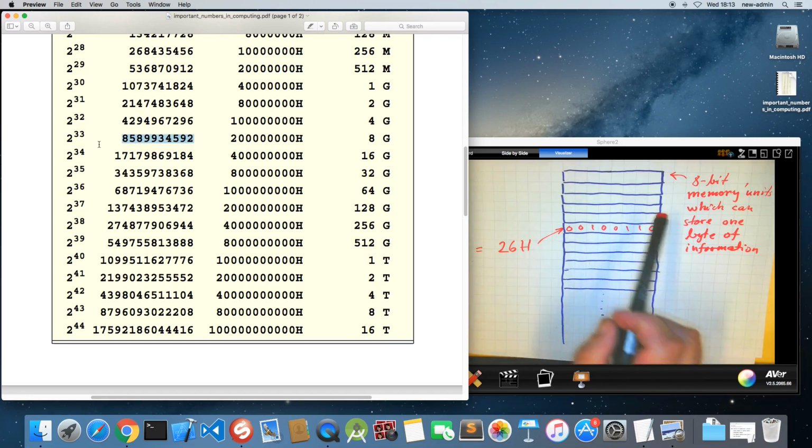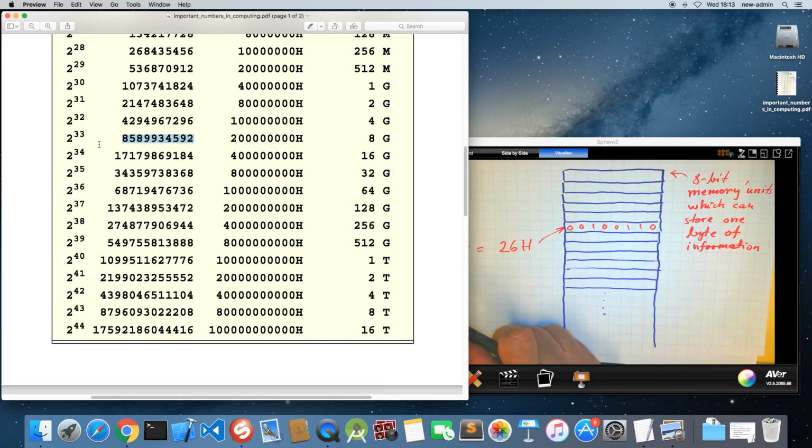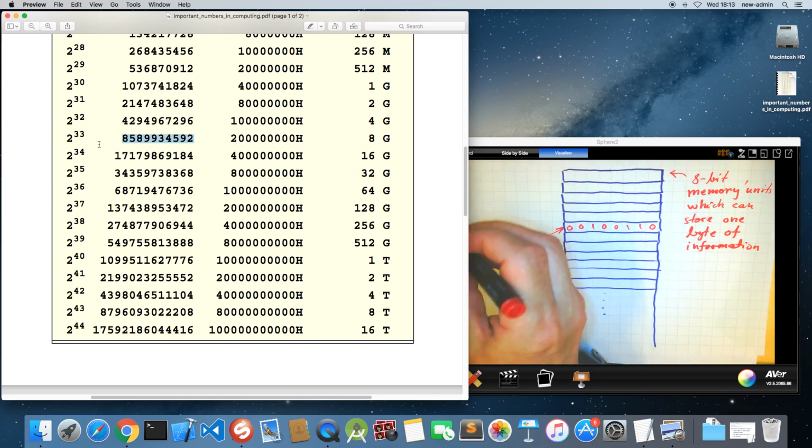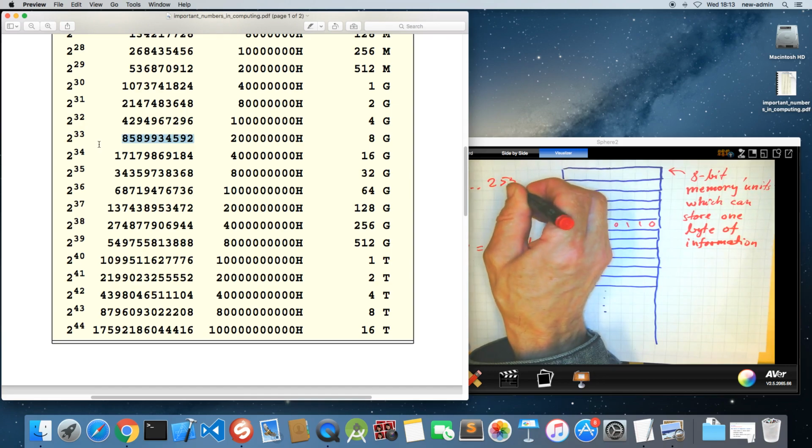And in an 8-bit memory cell, you can store numbers from 0 to 255.